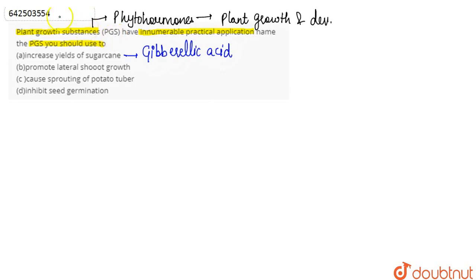Now the next part is that dash promotes the lateral shoot growth. For the lateral growth, cytokinin is majorly involved, because if it is an increase in girth or the lateral shoot growth, it's the cytokinin.